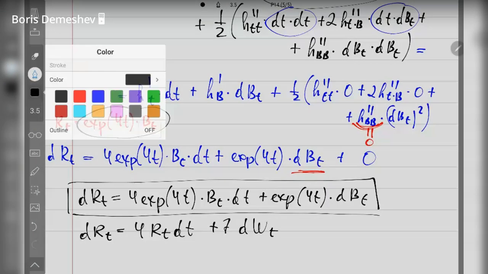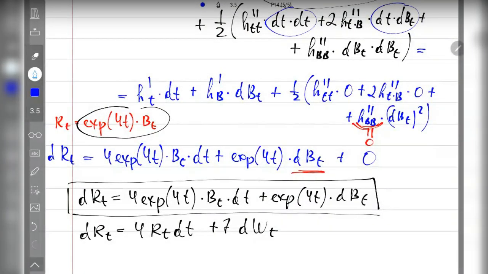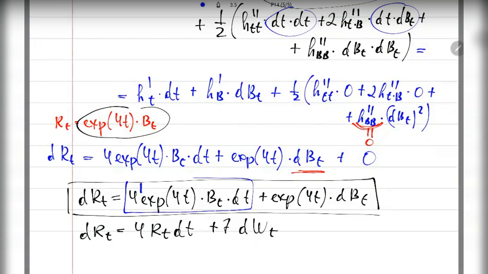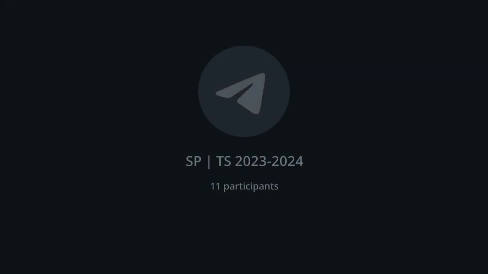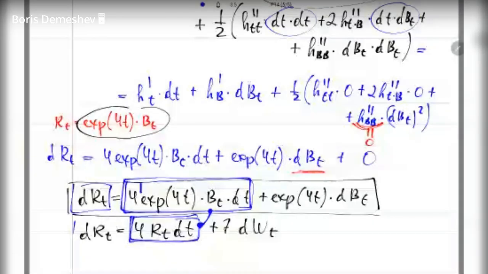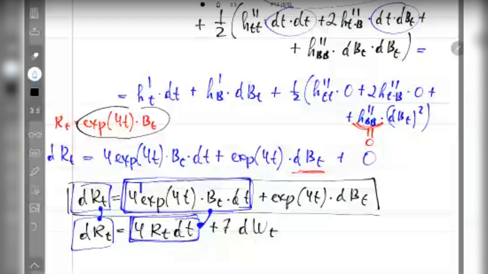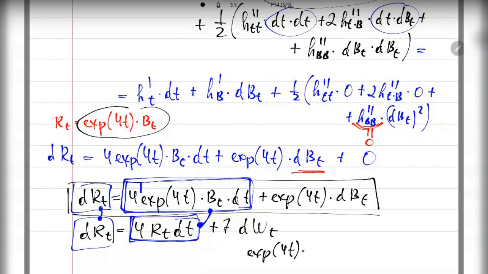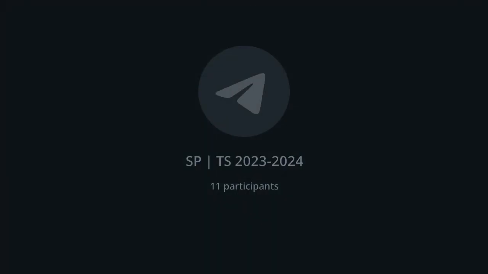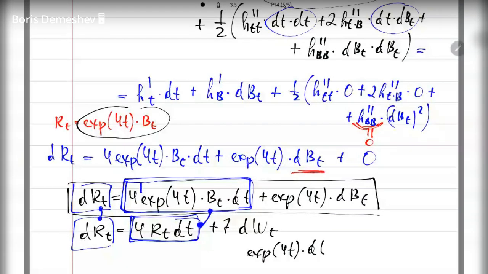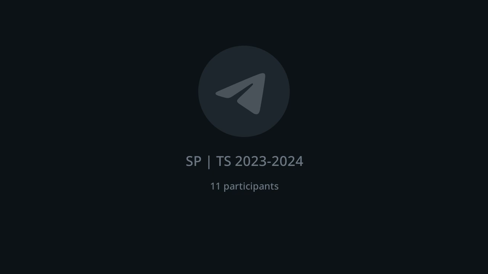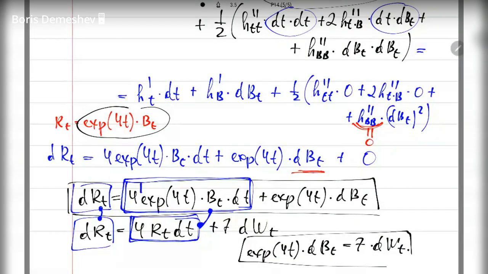So basically I see that these two terms are exactly equal, the left-hand side is the same. So I see that exponent of 4t times dBt should be equal to 7 times dWt. Okay, and I need to find Bt. Let's recall that we need to find Bt.